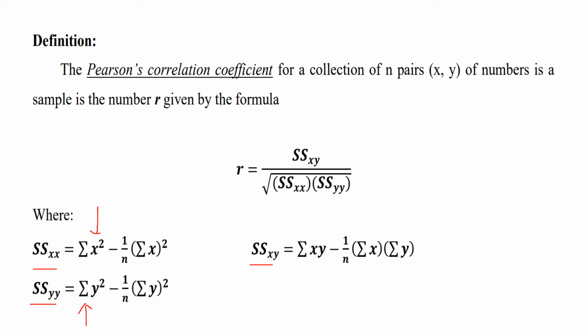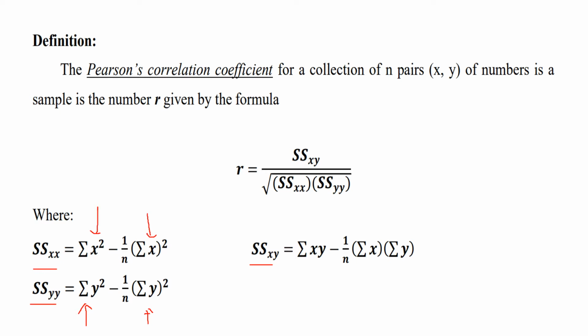Same thing with your summation of x and summation of y. We just simply get the total of all your x values and all of your y values in the table, and that will be your summation of x and summation of y.